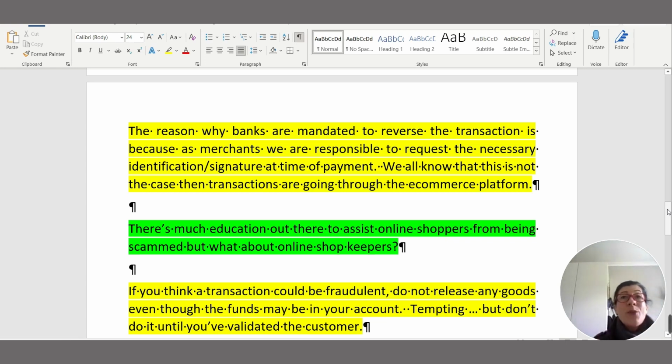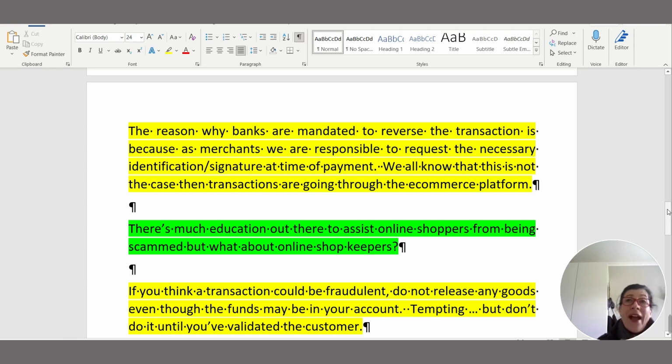It's not a human experience when we're shopping online. We try to create that, but you don't have the opportunity as a cashier or a shop assistant to have your gut instinct kick in because the person isn't standing there in front of you. So we all know that it's really challenging for an e-commerce platform to pick up if something is fraudulent because the customer is not in front of us.